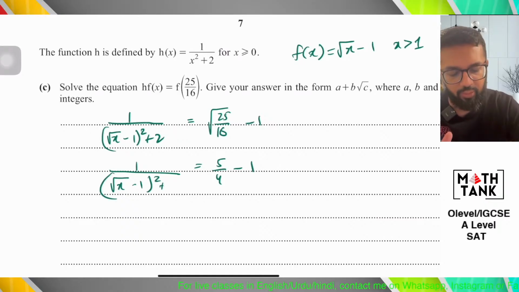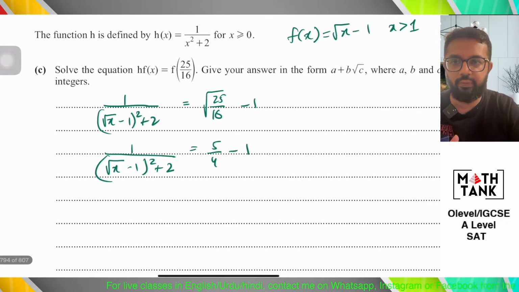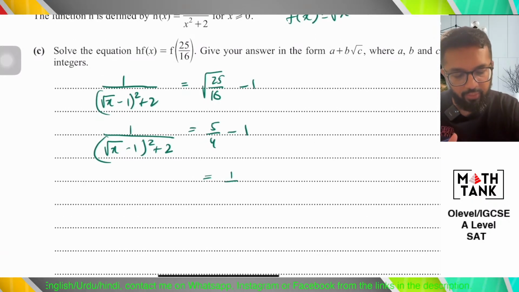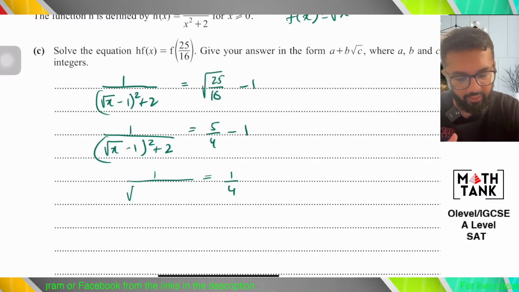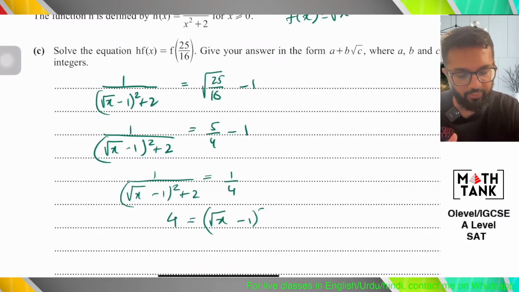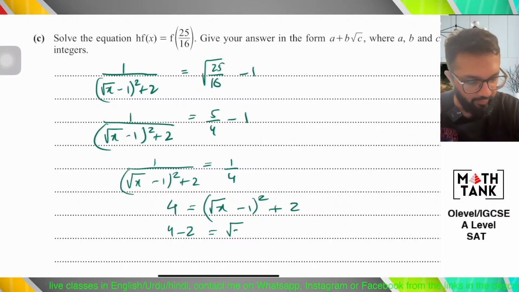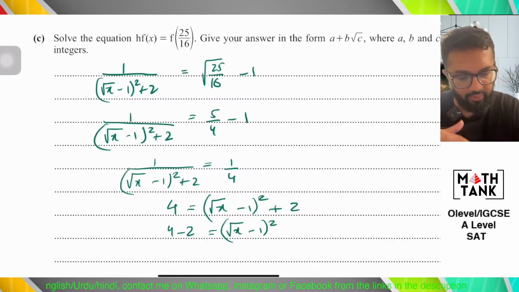I'm not going to expand this right now and will work it out without expanding. Okay, so this is 1 over 4, that gets cross multiplied, and I get 4 equals root of x squared plus 4 minus 2 root of x whole squared.